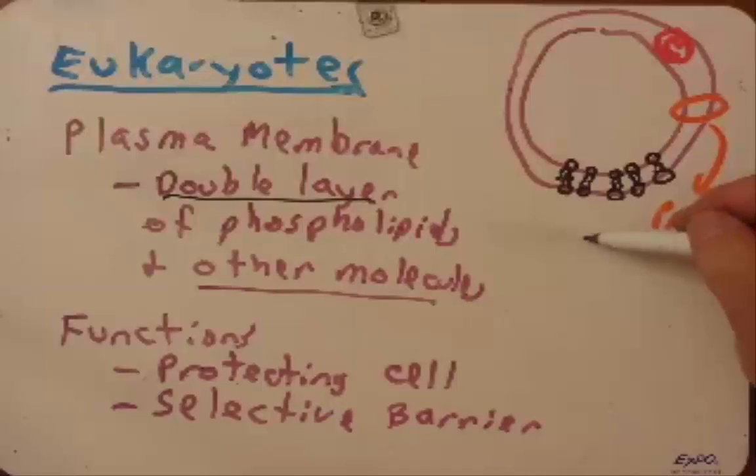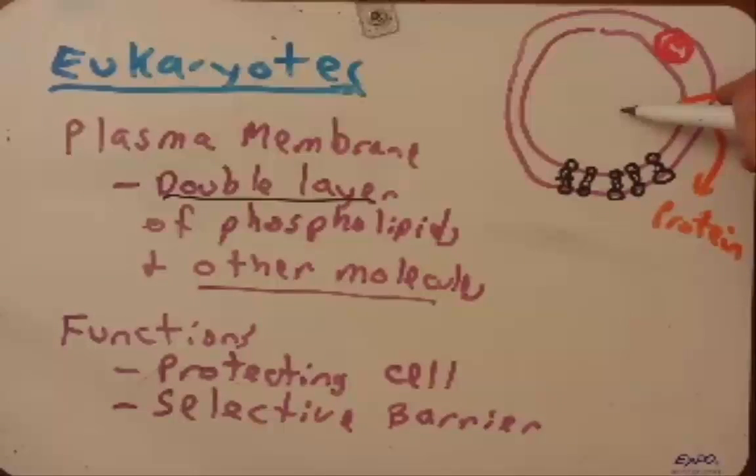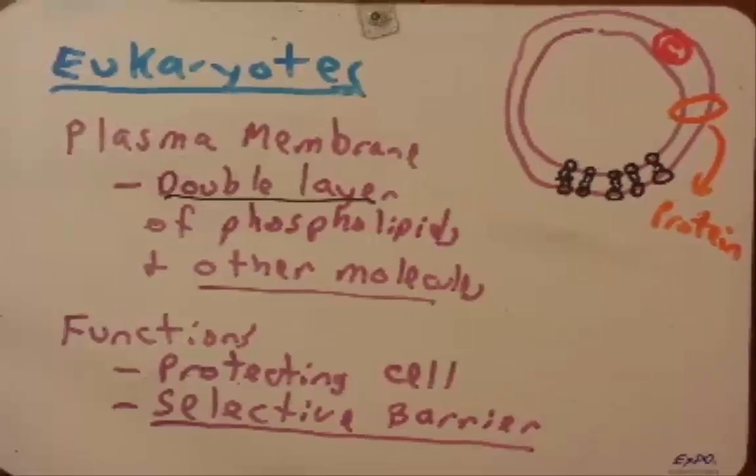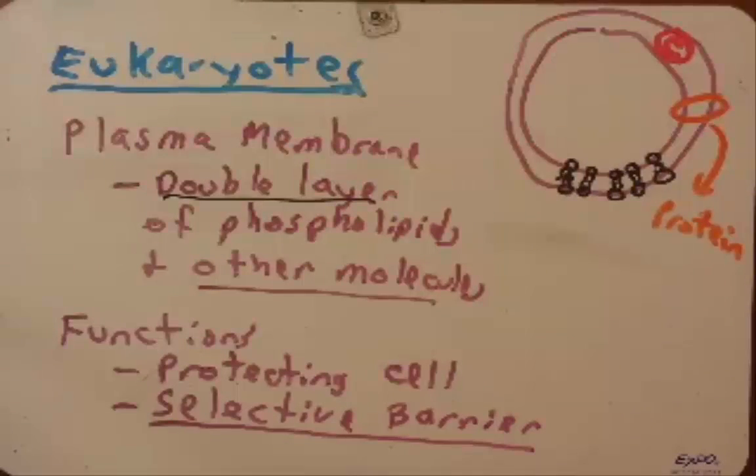Only limited things can pass through this membrane, and that's because of this selective barrier. This is very important. Now, I said I would point out things that are common in both eukaryotes and bacterium, and this would be one of them. We see this plasma membrane in both bacterium and eukaryotes, as well as archaea.